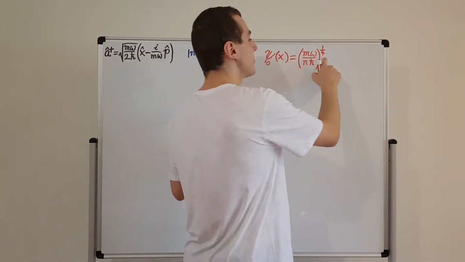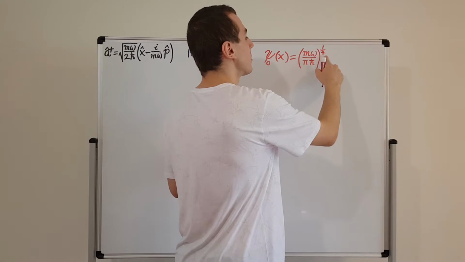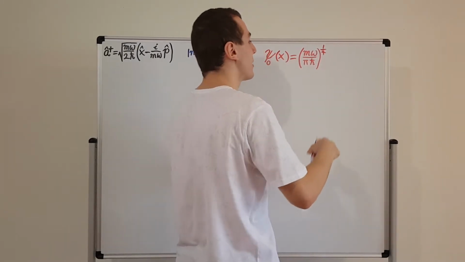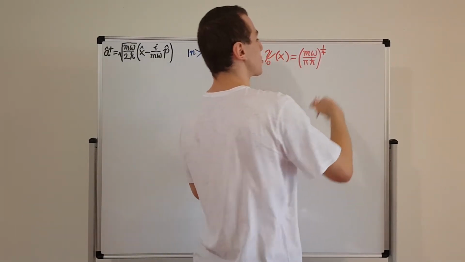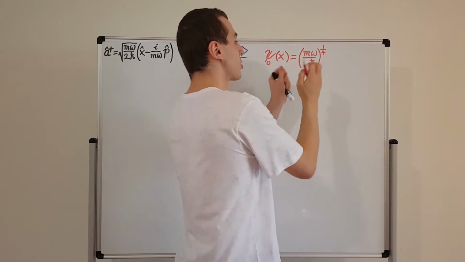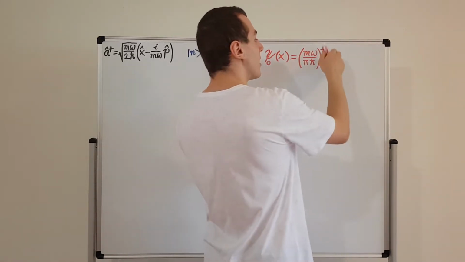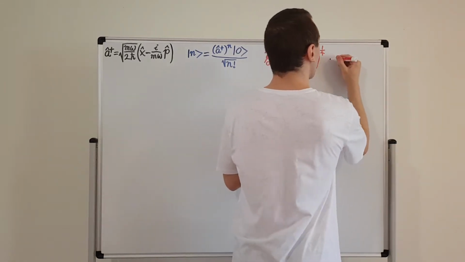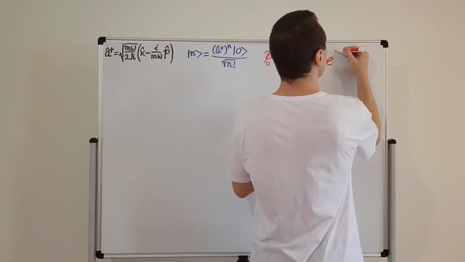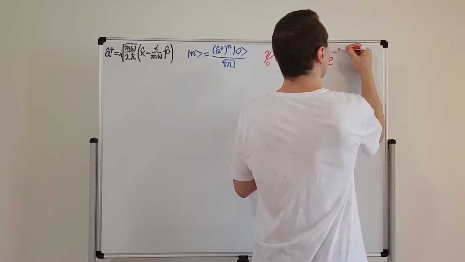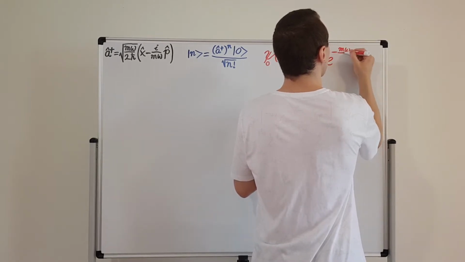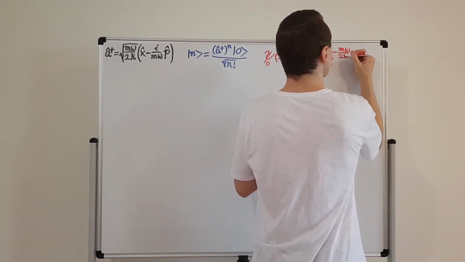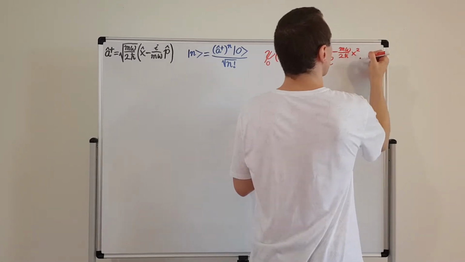In the previous video, we saw why this is to the power of a quarter: we already had a square root, and then we have to square root it again. A square root is the same as raising this coefficient to the power of a half, and then a half times a half by exponent laws gives us a quarter. So that's the normalization coefficient, and then we have the Gaussian function, which is e to the minus m omega over 2 h bar x squared.